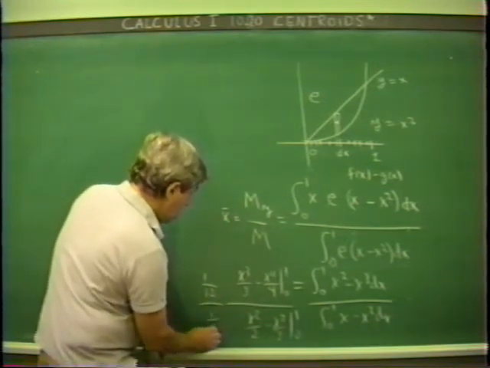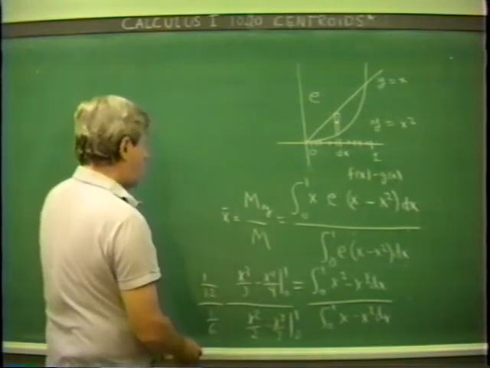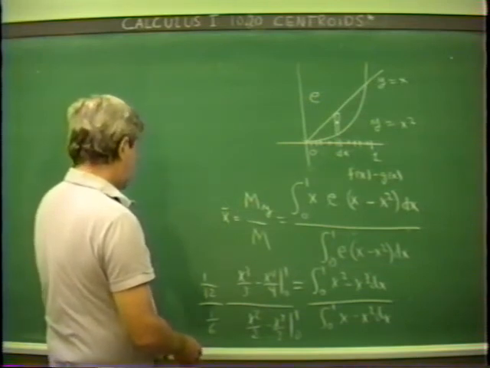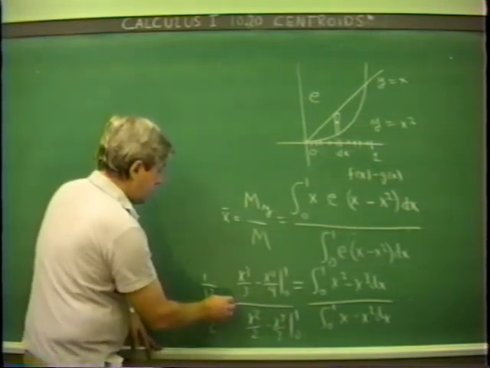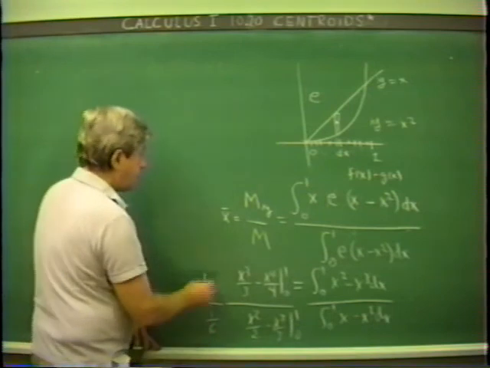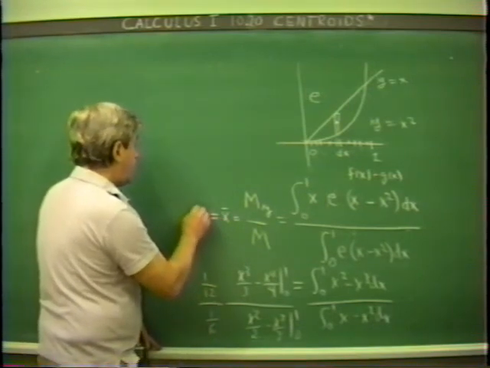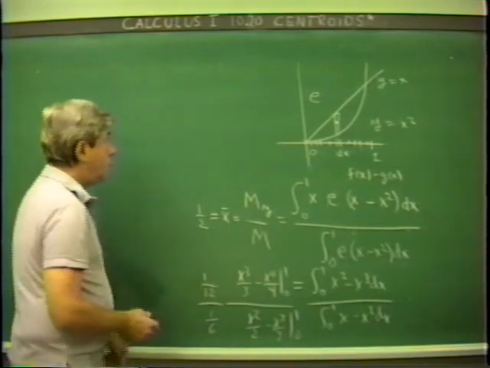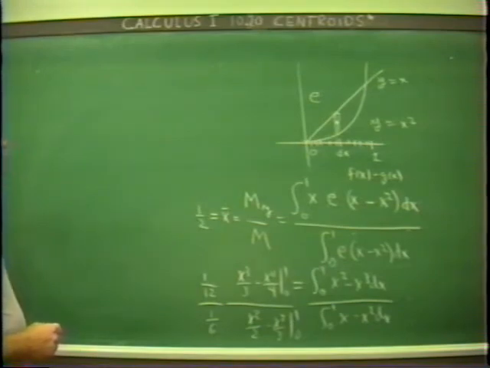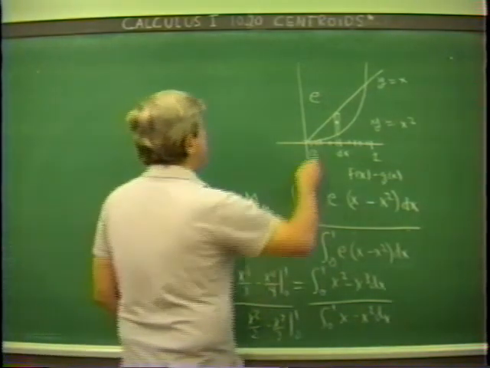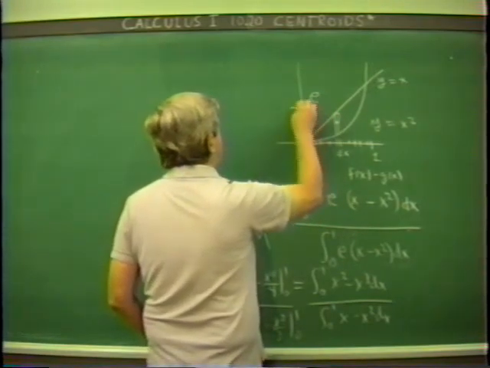So this is going to be a third minus a fourth, or a 12th, divided by a half minus a third, which is a sixth. Or a half. A coincidence. x bar, in this case, is 1/2.